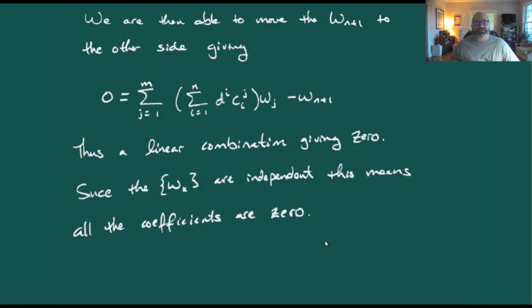Performing the same trick, if we subtract things over on one side, this gives us a linear combination of the w sub j that is 0. Well, since the w sub j form a basis, the only way this can happen is for all of the coefficients to be 0.